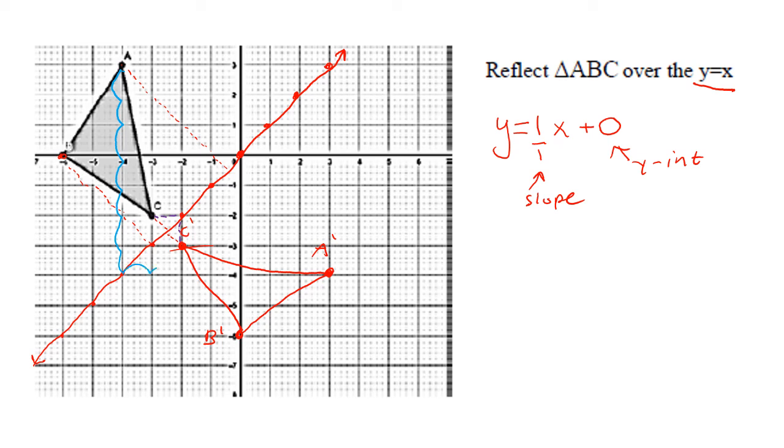So I have to count 1, 2, 3, 4, 5, 6, 7 units to the right of my line in order to be reflected in the correct position.